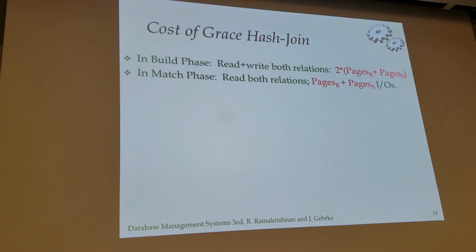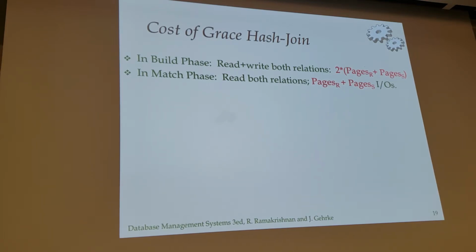So there's the build phase and there's the match phase. For the build phase, I go through every page of R, I hash it, I put it in a partition. I have to read each page of R, and I have to write each page of R, remembering that it's in a different place. There's the unhashed R, which I read, and there's the hashed R, which I write.